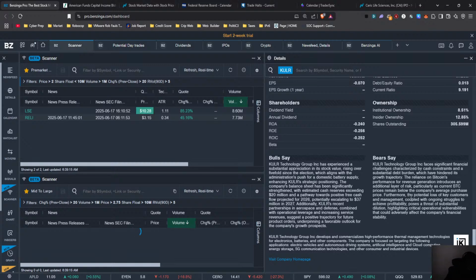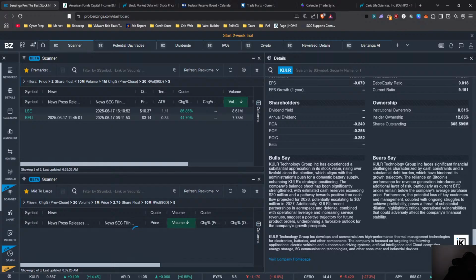Furthermore, the potential loss of key customers and management, coupled with ongoing struggles to achieve profitability, poses a threat of substantial dilution, highlighting critical operational vulnerabilities that could adversely affect the company's financial stability.